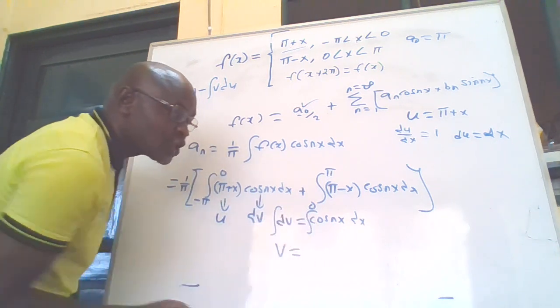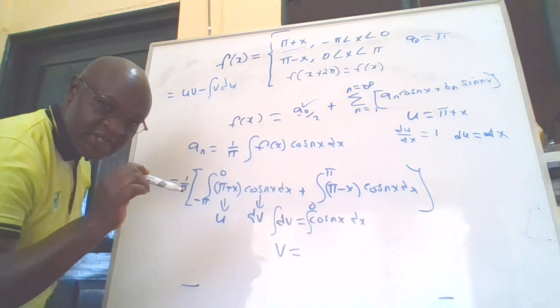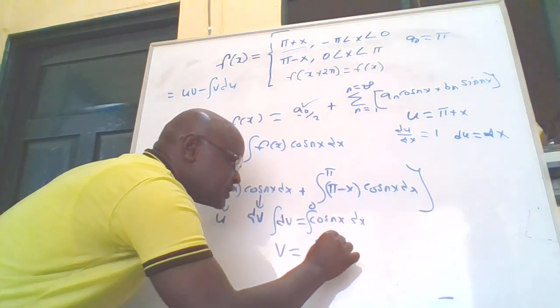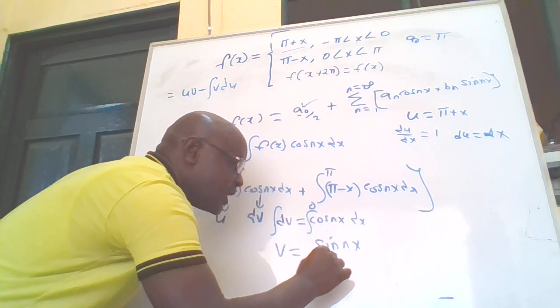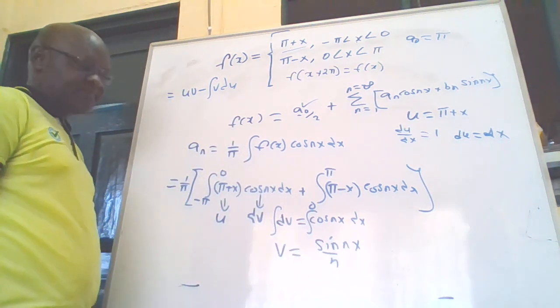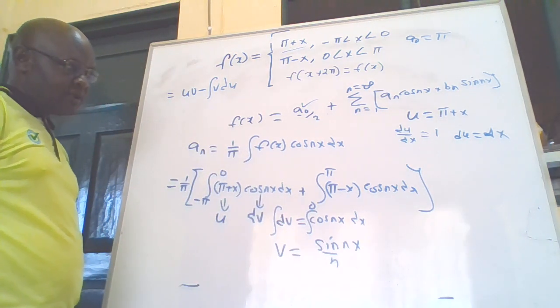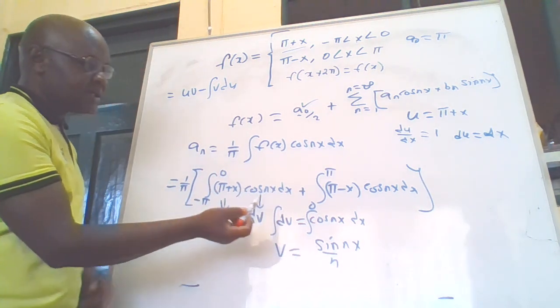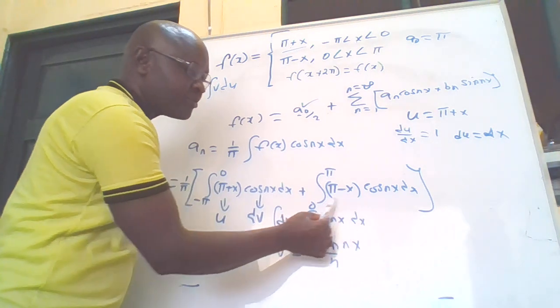When you integrate cos nx dx, you get sin nx all over n. Now from here we are through with this.